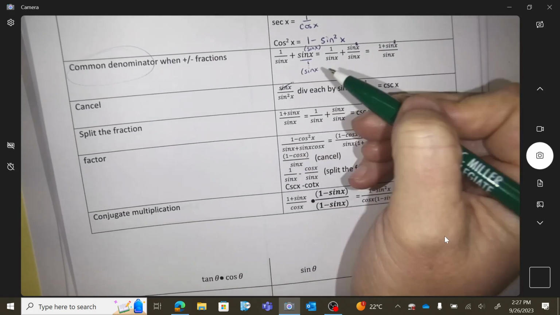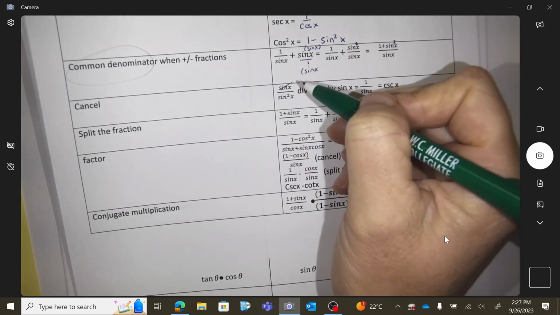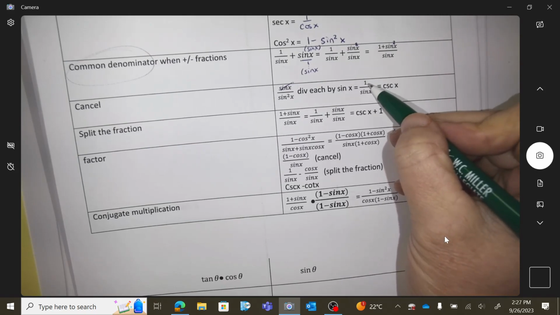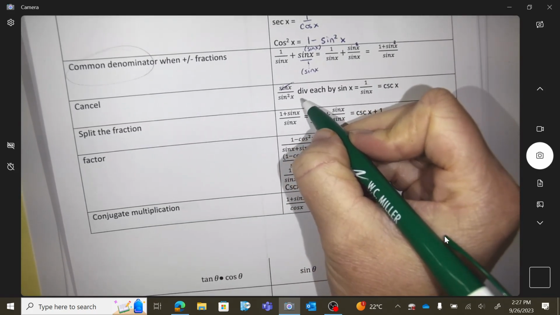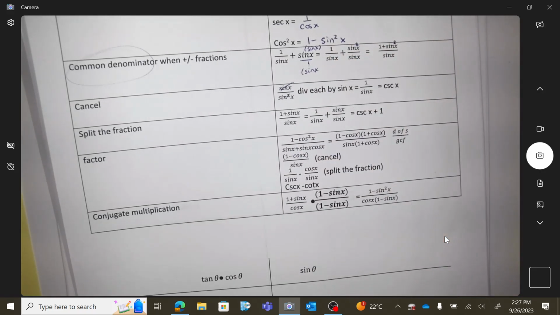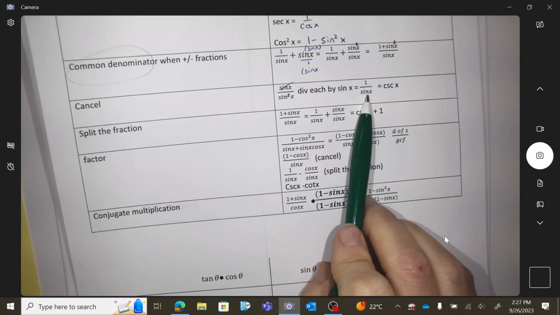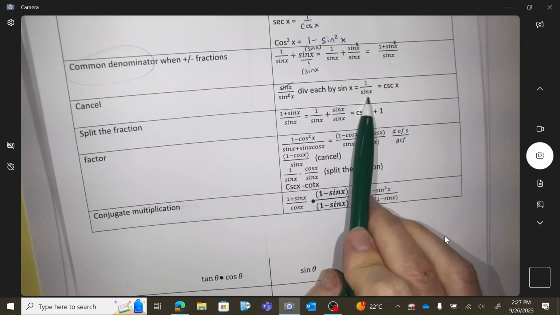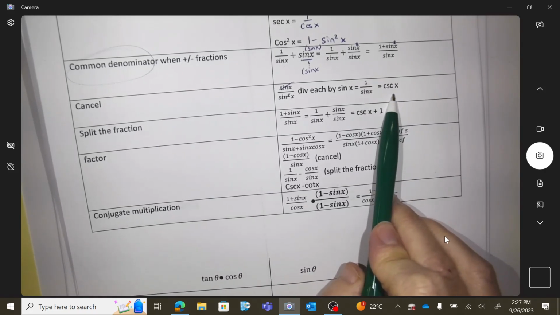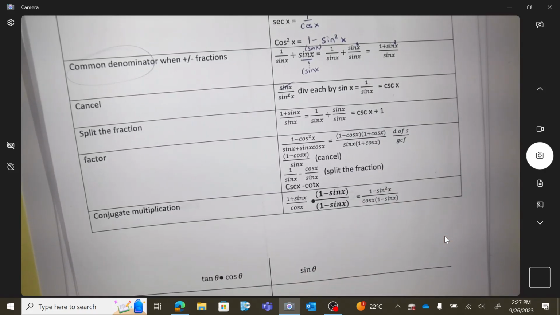I could cancel a sine out, turning the top into a 1. And if I cancel a sine out of a sine squared, you get just sine x. So this is what I would get. And then I'd be like, oh wait, 1 over sine x, that's cosecant x. So you can play around with things like that.